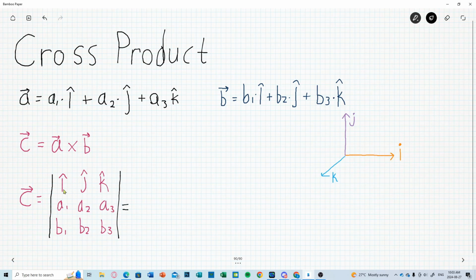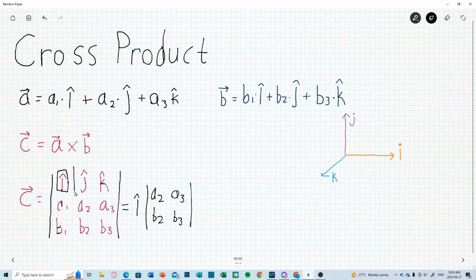So we're going to look for i to start. We're going to cross out this row and this column. We're going to be left with i multiplied by the matrix of a2, a3, b2, and b3.